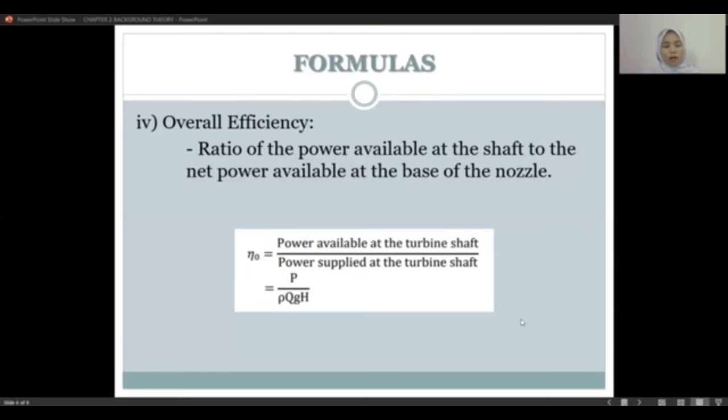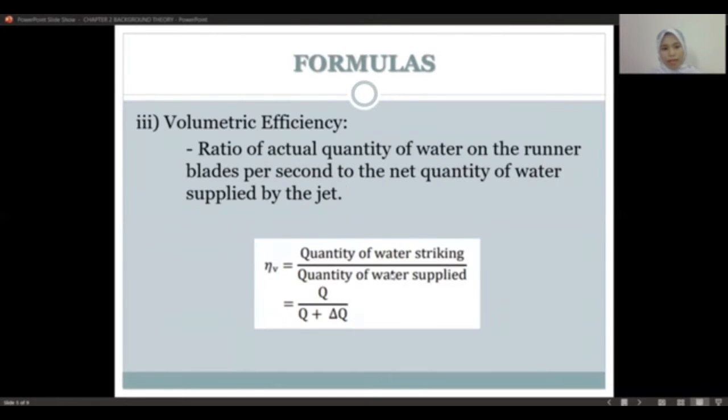Next, the overall efficiency is the ratio of the power available at the shaft to the net power available at the base of the nozzle. So the formula is efficiency equals the power available at the turbine shaft divided by power supplied.